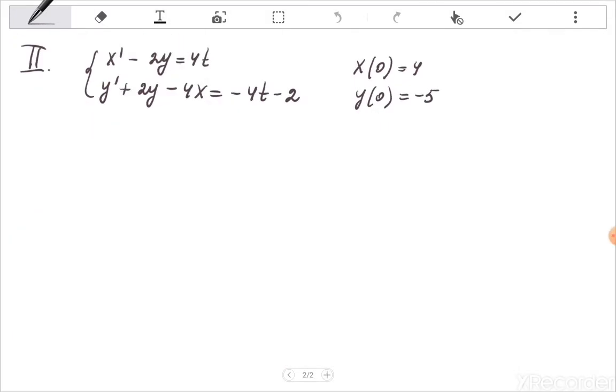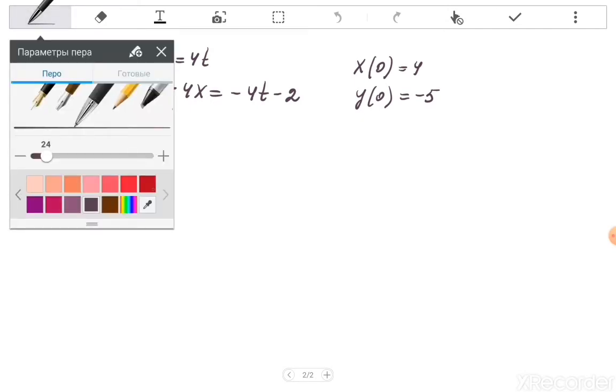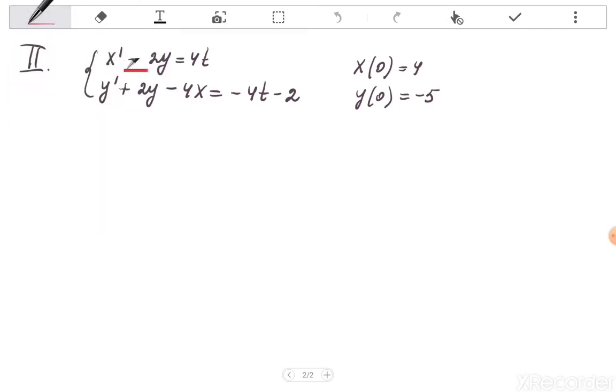So, for example, if we have in the first equation this thing and maybe also plus y prime, and in the second equation we may have also plus x prime, then you see there is no way to find x and y from these two equations, right? So therefore we need another way to solve such systems. So let's say the second method, and the second method will be based on the usage of the Laplace transform.